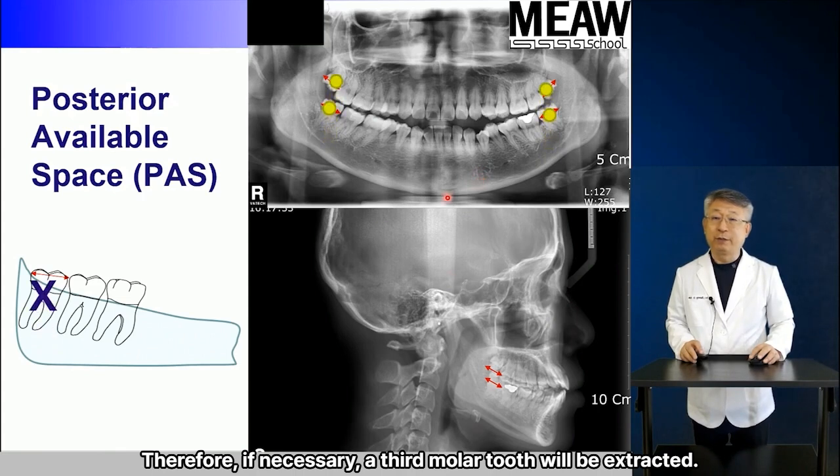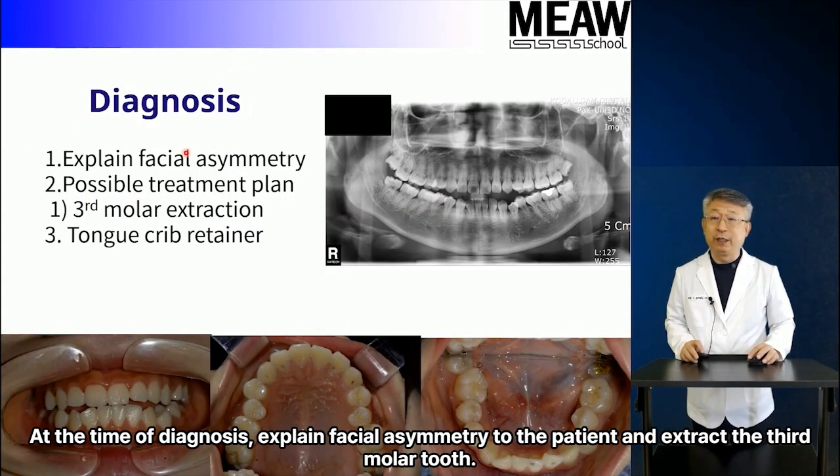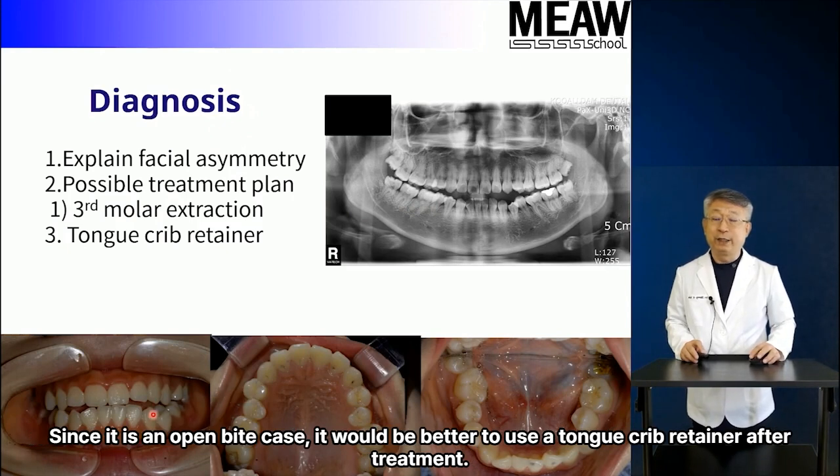Therefore, if necessary, a third molar tooth will be extracted. At the time of diagnosis, explain facial asymmetry to the patient and extract the third molar tooth. Since it is an open bite case, it would be better to use a tongue crib retainer after treatment.